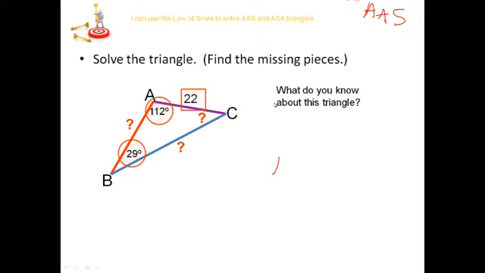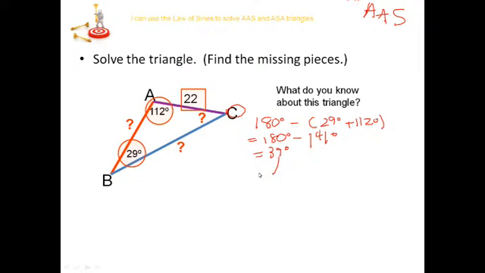So, what do I need to know? The first thing I need to know is over here, I need to know angle C. And that's pretty easy because the three angles of a triangle just add to 180. So all I need to do is take 180 and subtract the sum of the other two angles. I'm going to get 180 minus 141, and I'm going to get 39 degrees.